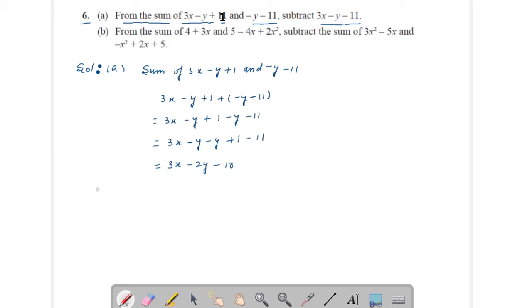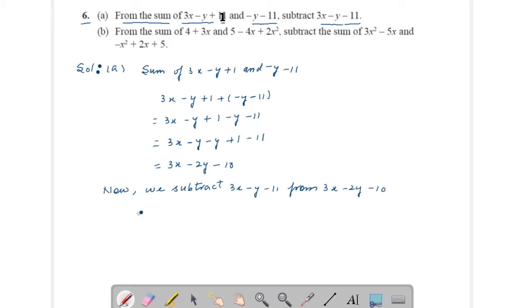Now we subtract 3x minus y minus 11 from 3x minus 2y minus 10.